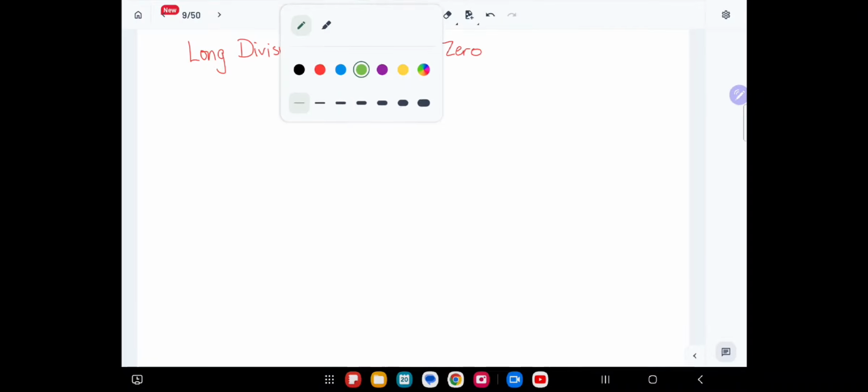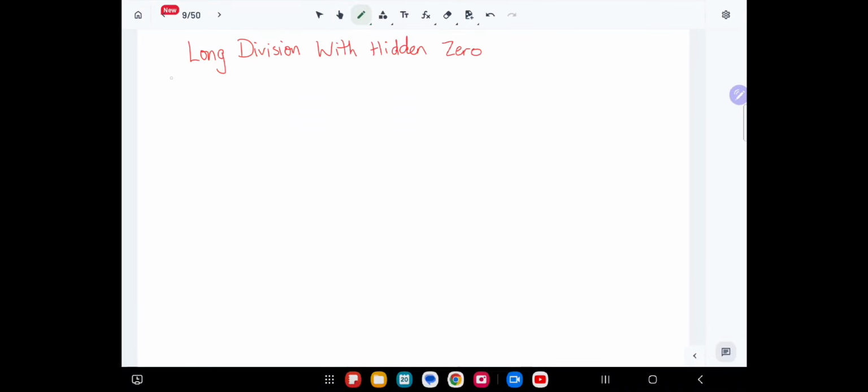Now we look at a long division with a hidden 0. Again, just a reminder, we divide, multiply, subtract, bring down.